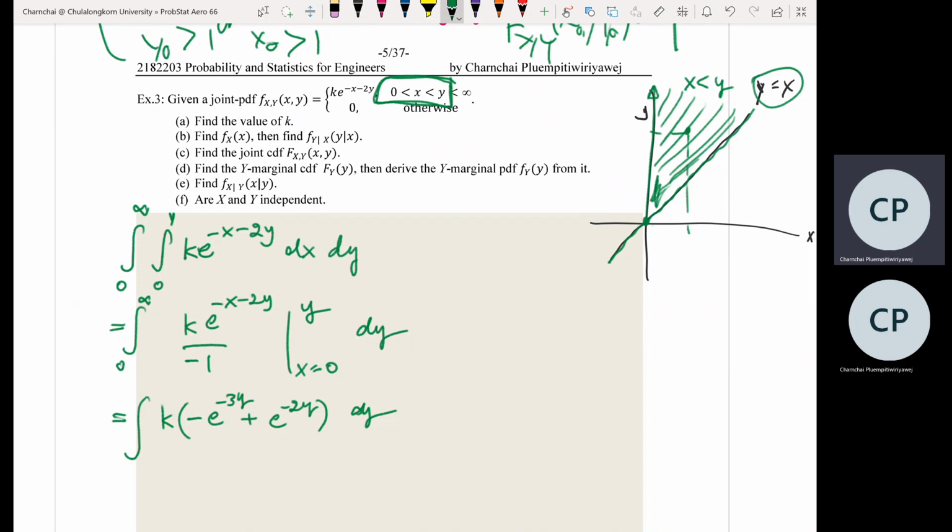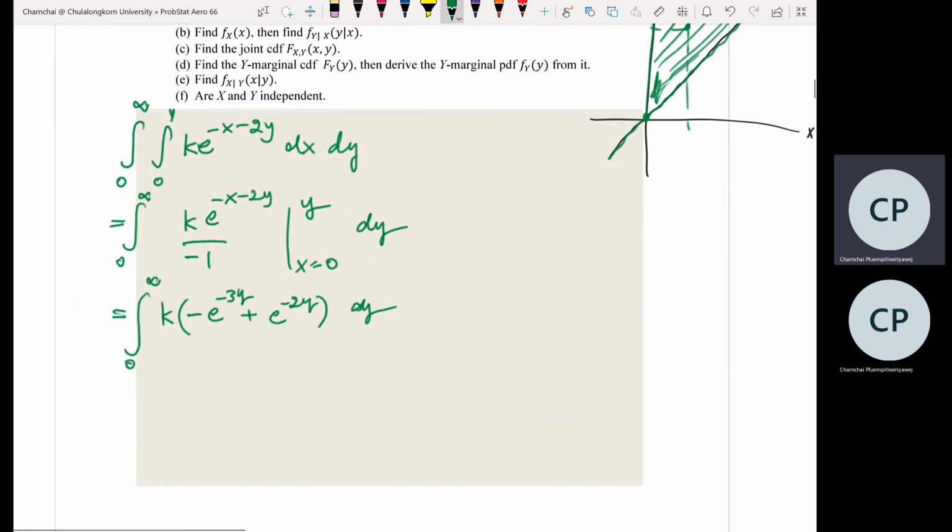Okay, so according to this, what you get is from 0 to infinity, right? So what do we get next?